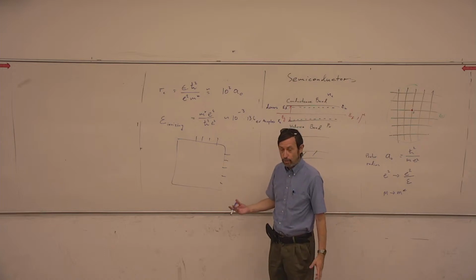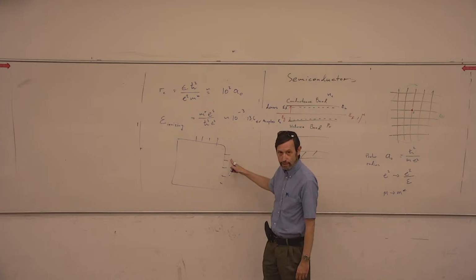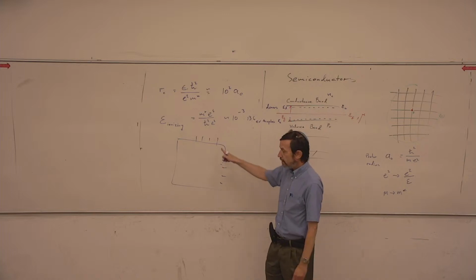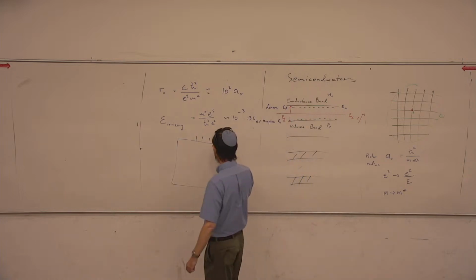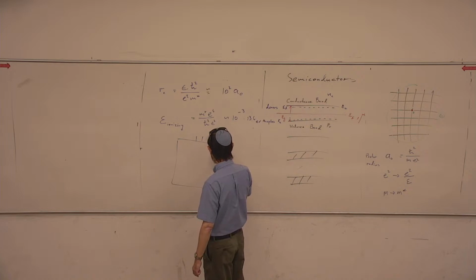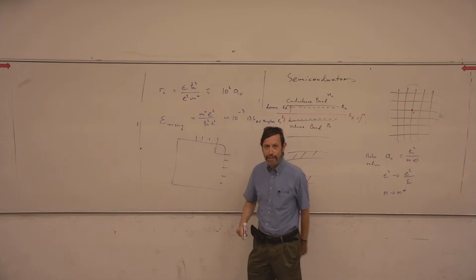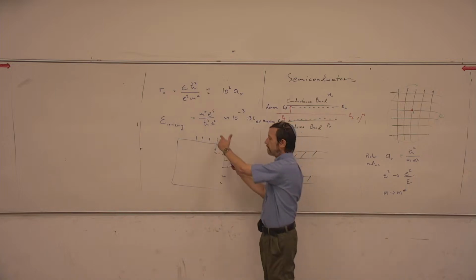Basically, you want to connect this guy to this guy, take the silicon and make it a conductor. How do you do it? Put in donors only in this region, and you'll have a wire connecting this guy to this guy.